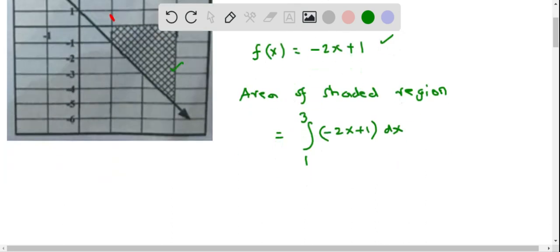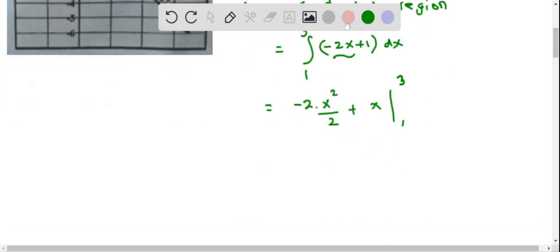So let's evaluate this definite integral, and this equals the integral of negative 2x is negative 2 times, if we integrate x using the power rule of integral, we will get x power 2 divided by 2, plus the integral of 1 dx is x, and this has to be evaluated from 1 to 3.